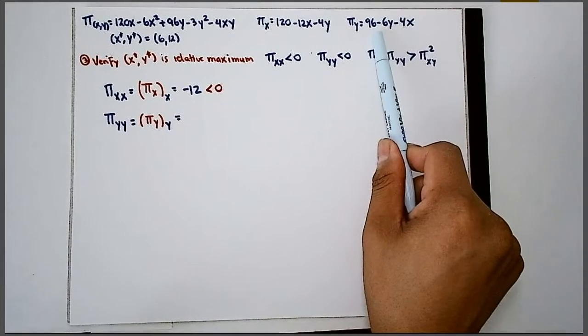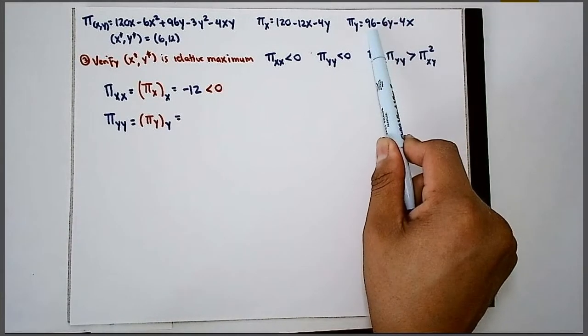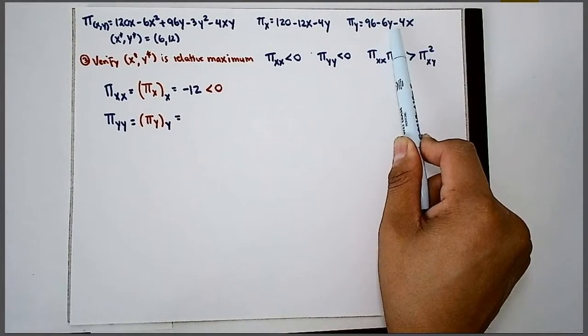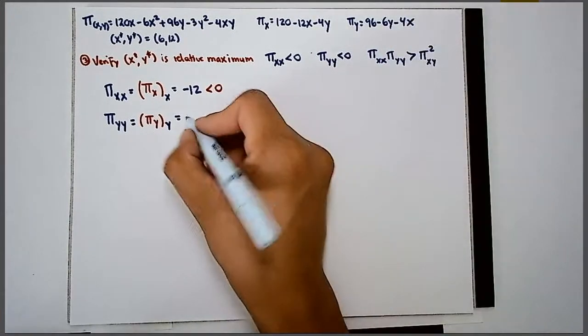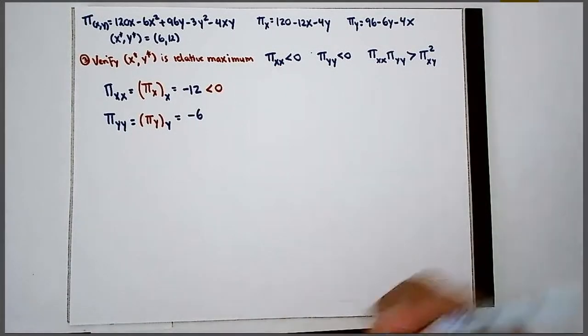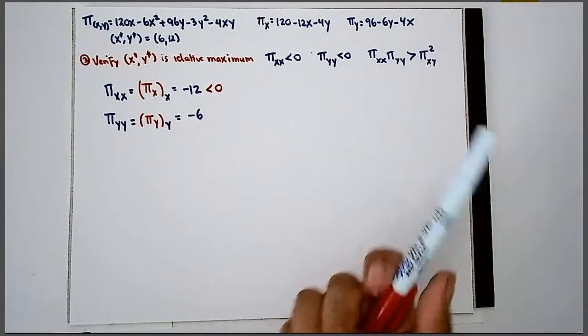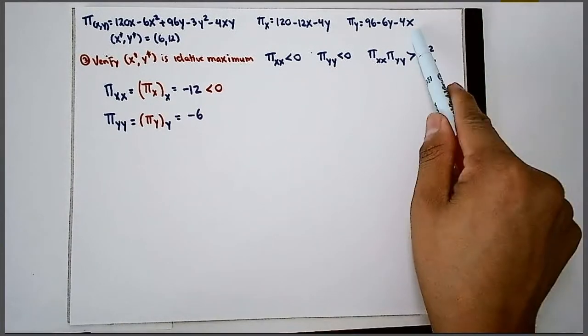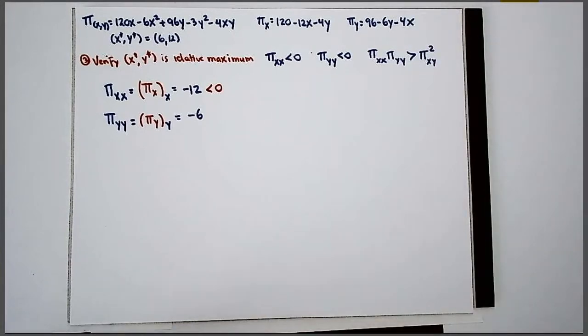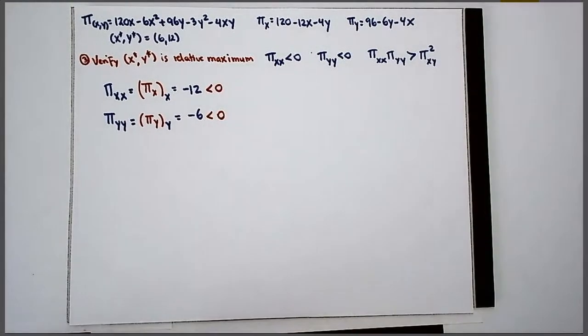In this case, the derivative of the constant is 0 again, and the derivative with respect to y here is minus 6. Then the derivative of minus 4x with respect to y is simply 0, because there is no y in this term. And as you can see here, this is also less than 0.